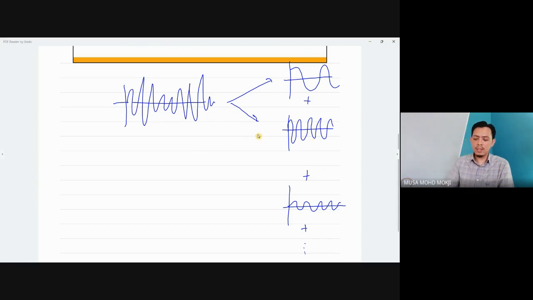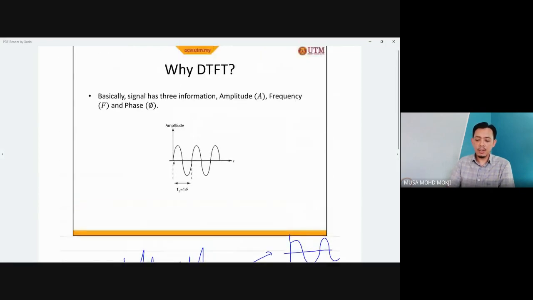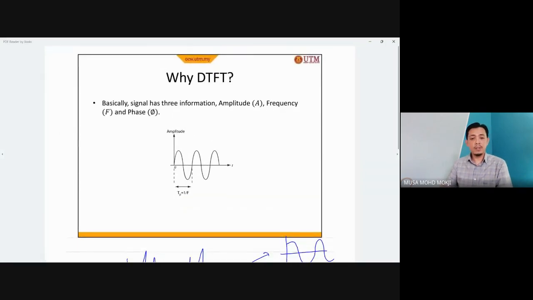And what is frequency actually? Frequency is something which is repeated. That's why we call it frequency: frequent, how frequently it is repeating. Most signals are repeating, but plotting it in the time domain, we cannot see the repetition.